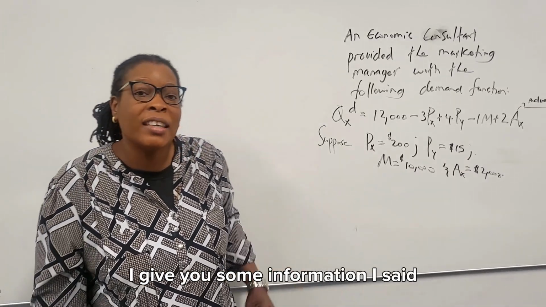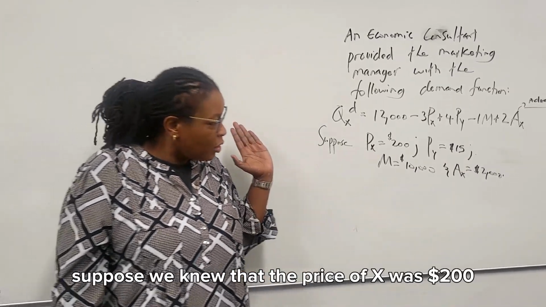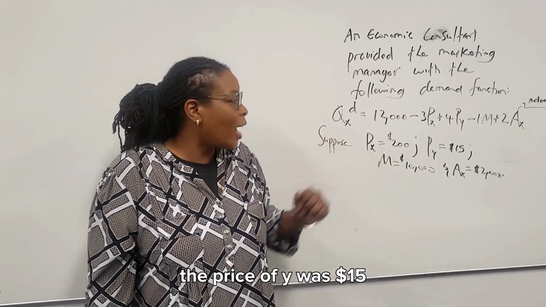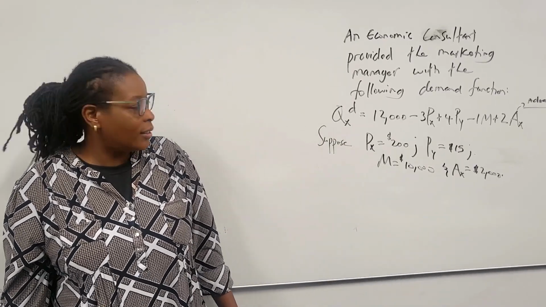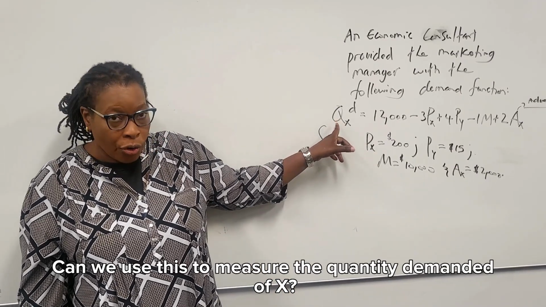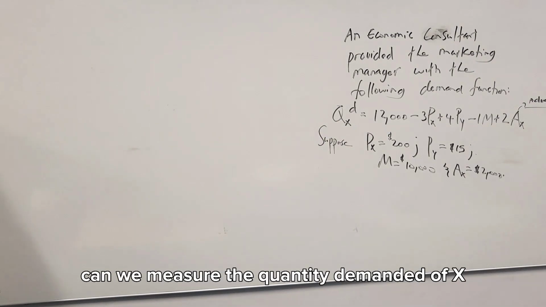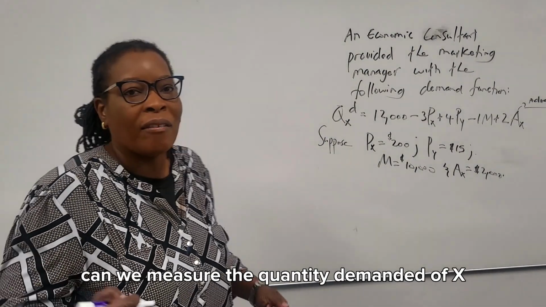To do that, I give you some information. Suppose we knew that the price of X was $200, the price of Y was $15, the income was $10,000, and A of X. Can we use this to measure the quantity demanded of X?